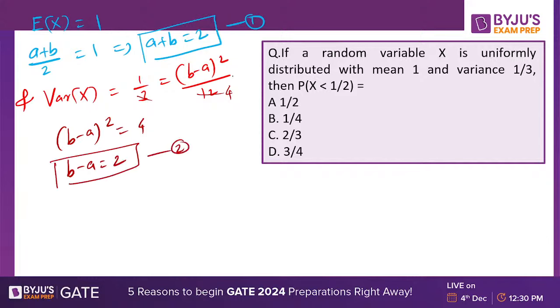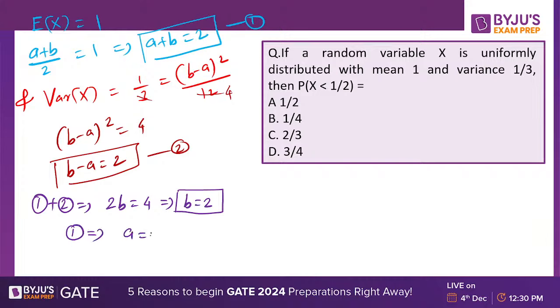Equation 1 and 2 are here. Add 1 and 2. So a and minus a cancelled. b and b will be 2b. 2 plus 2 will be 4. b will be 2. Put this 2 here.